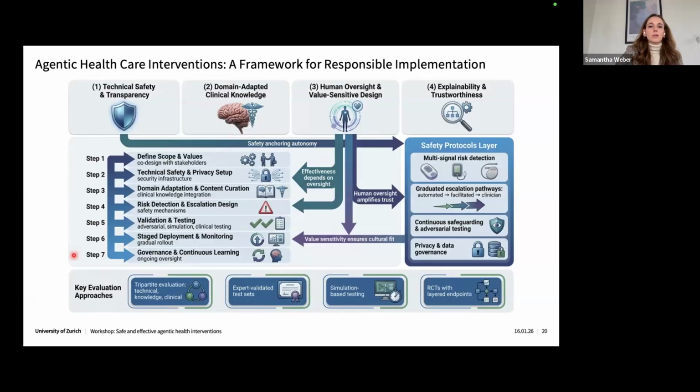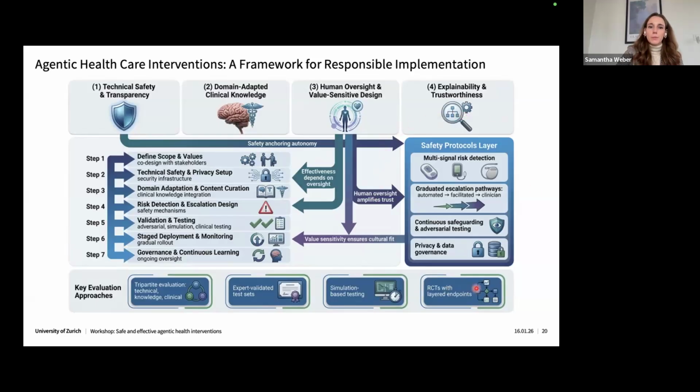Lastly, as the field is moving very fast, there should also be continuous monitoring and learning, so that whenever models or rules change, the digital therapeutics change or adapt accordingly.